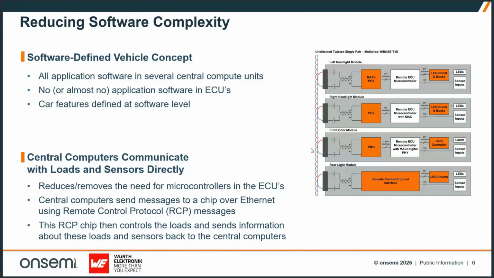One option is to say, okay, I'm going to use my standard microcontroller software with three different standardized devices, which you have from Microchip, PMD, depending on your microcontroller. And then one thing which we're looking at is putting all the software in the central compute, which means you just have something called a remote control protocol interface to do that.